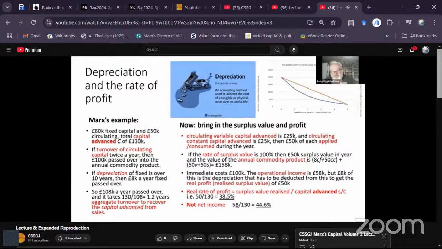It's what they need to put into a reserve to replace the value lost in their fixed asset. So the higher rate of profit is actually a false indicator. In this particular case, the rate of profit would be 38% rather than 44.6%. But you can see the basis of a potential misunderstanding. They need to keep an account of what degree of the revenue they get every year is actually due to depreciation rather than, if you like, genuine profit.